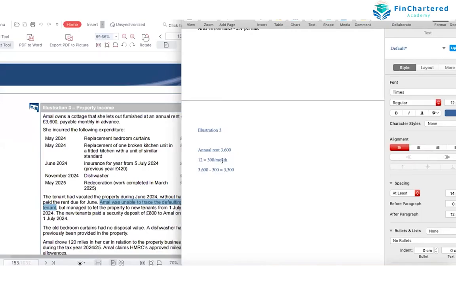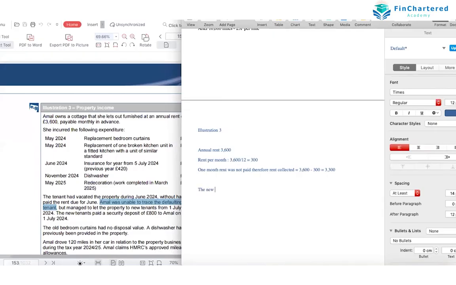Rent per month will be 3,600 divided by 12, which is 300. Then one month's rent was not paid. Therefore, rent collected will be 3,600 minus 300. So the rent collected is 3,300.